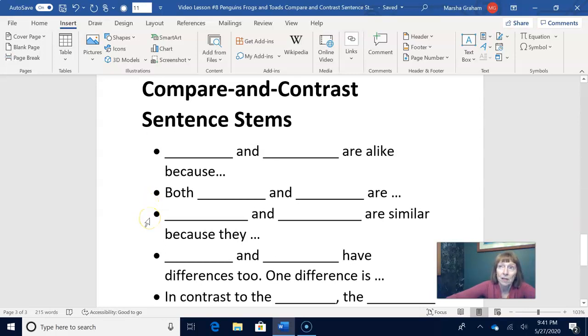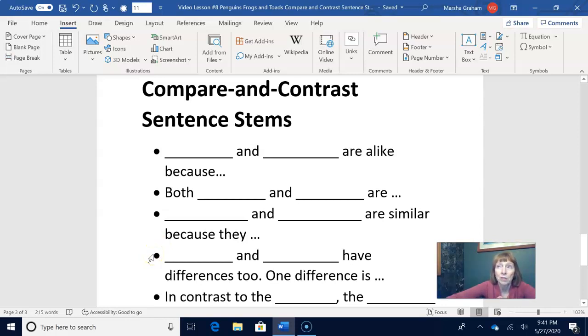A third statement we could make is penguins and frogs and toads are similar because they both can live in holes in the ground. Did you know that penguins can live in a burrow, which is really just a hole in the ground?